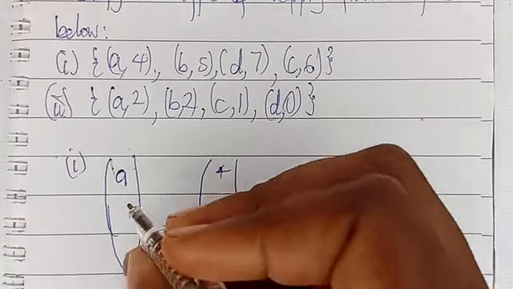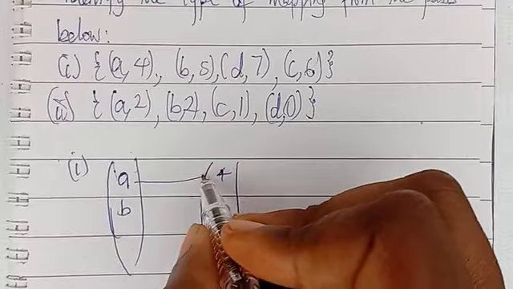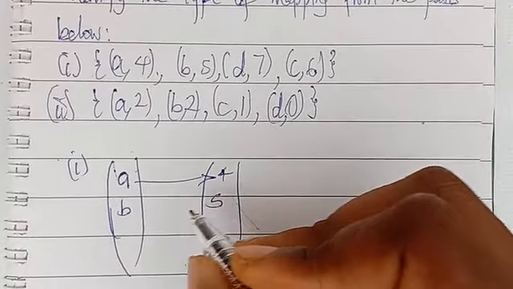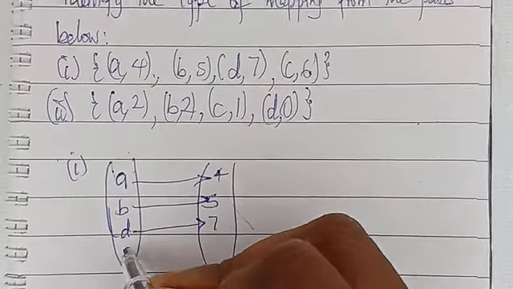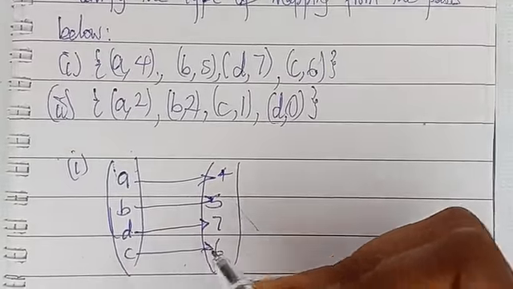Now for the second pair, B should be here, and then 5 should be here. B is mapped to 5. For the third pair, we have D mapped to 7, and then we have C mapped to 6.